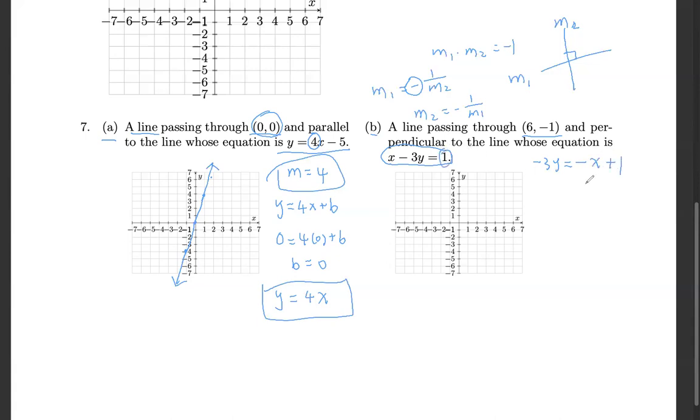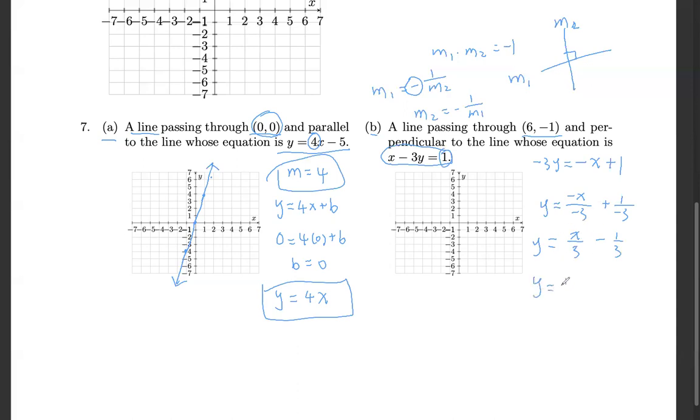Because this 1 is positive. Then divide by negative 3 on both sides. So y equals negative x divided by negative 3 plus 1 divided by negative 3. Negative divided by negative is positive. So we get x over 3 minus 1 over 3.